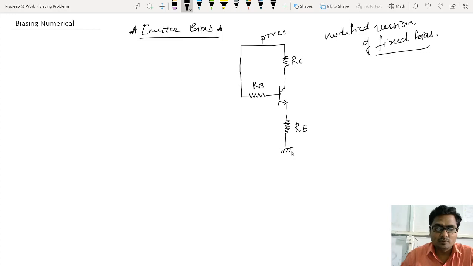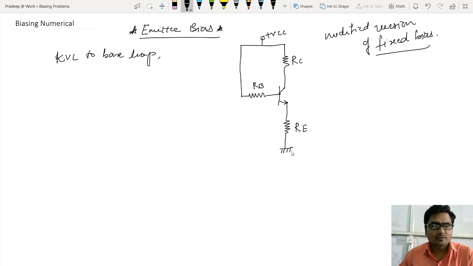Now what we will do, we'll simply start with our traditional method, applying KVL to the first loop. First loop means the base loop. So I'll write here, apply KVL to the base loop. VCC is equal to, now what is the base loop?